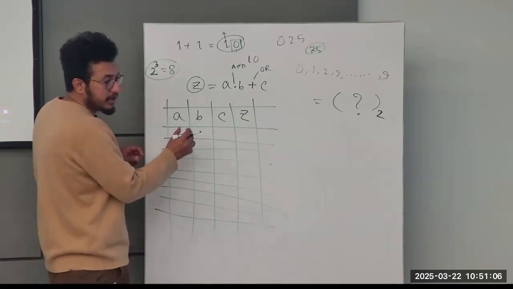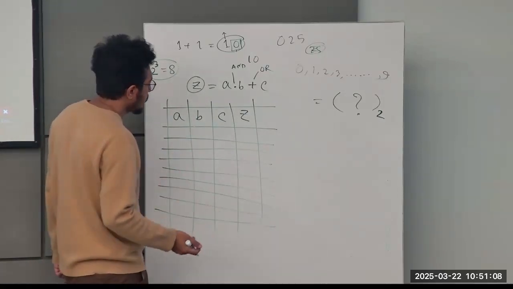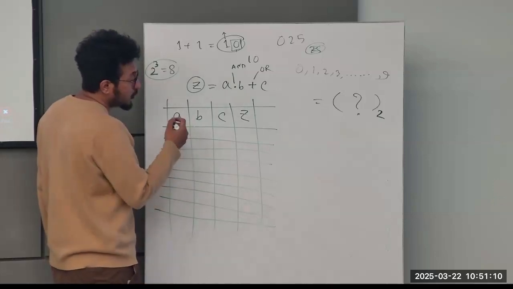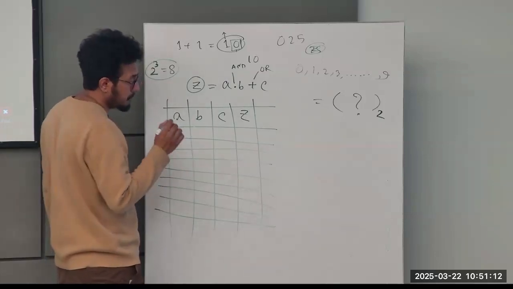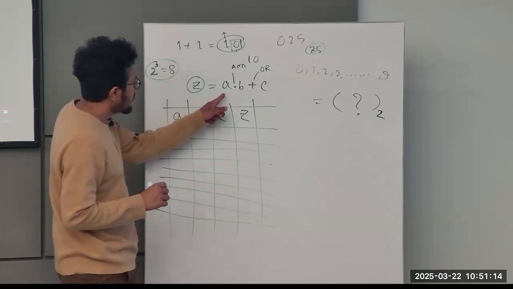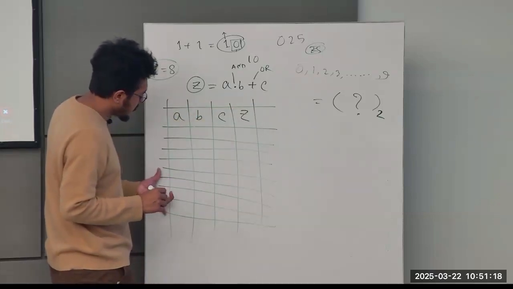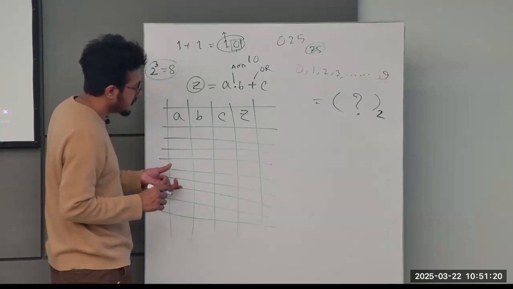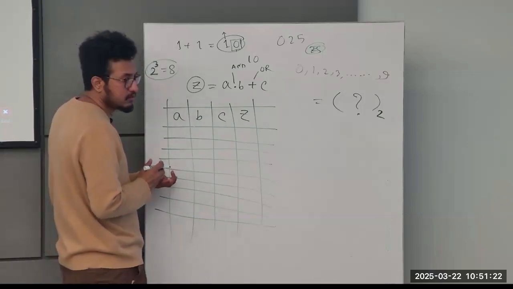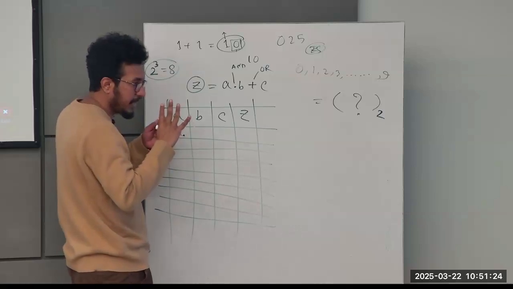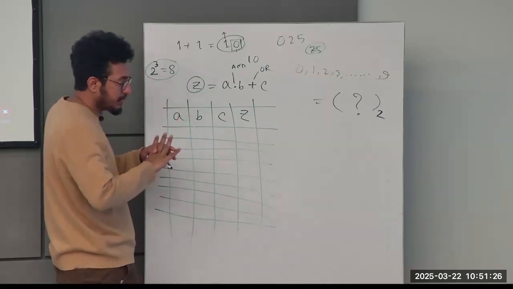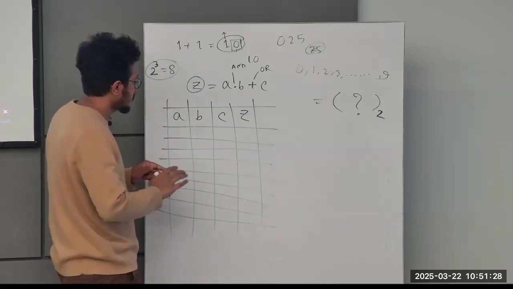Now, how to populate the truth table? One way to do it is to get all the binary combinations of A, B, C. We have 8 rows divided by 2, we get 4 rows.